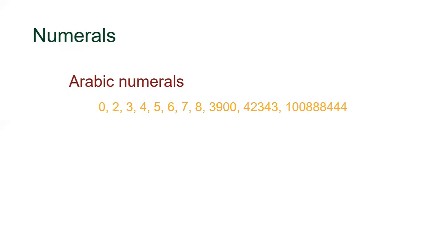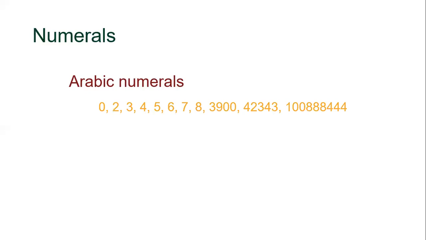Examples of Arabic numerals are 0, 2, 3, 4, 5, 6, 7, 8, 3,900, 42,343, and this number, I think it's 100,888,444. Those are numerals.